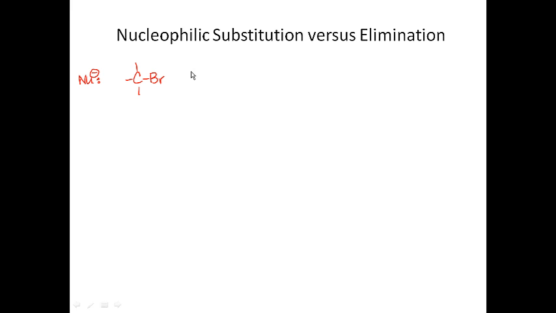What we end up doing is reacting that negatively charged nucleophile with an alkyl halide. We end up forming the carbon-nucleophile bond, and then in the substitution forming a Br minus or Cl minus, whatever this halogen started out to be.